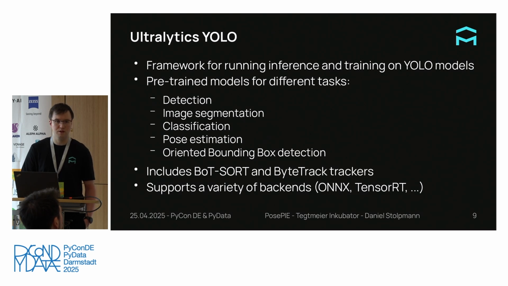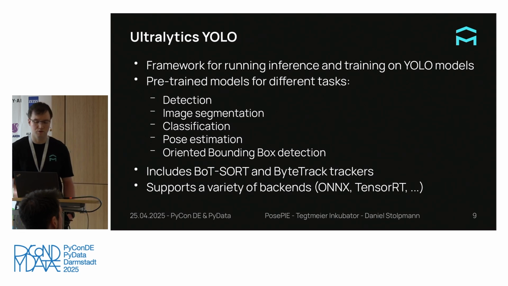For detecting the pose, we use the Ultralytics YOLO framework, which is a framework for running inference and training on the YOLO vision models. There are several pre-trained models for different tasks in this framework, such as for detection, image segmentation, classification, and oriented bounding box detection, and of course also pose estimation.